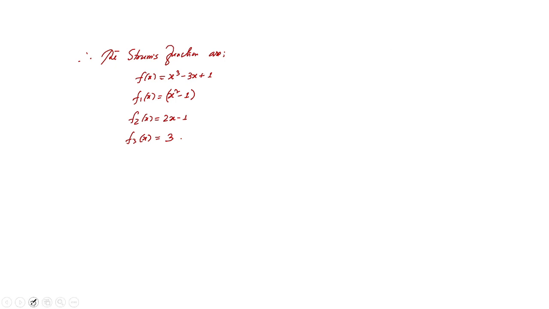Now we come to the next point. So with the help of Sturm functions, what will we deduce? We will deduce the nature of the roots. How will we do it? We will prepare a table.